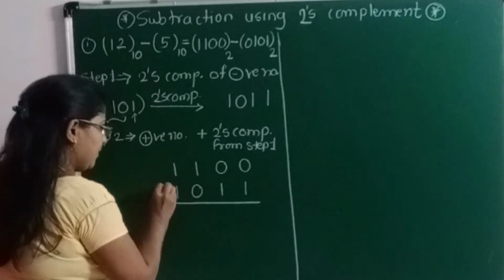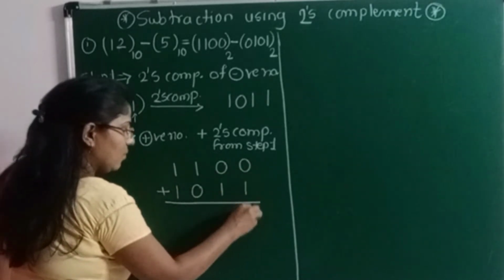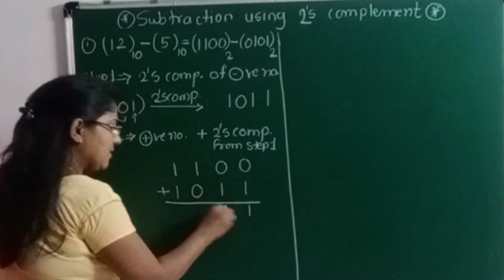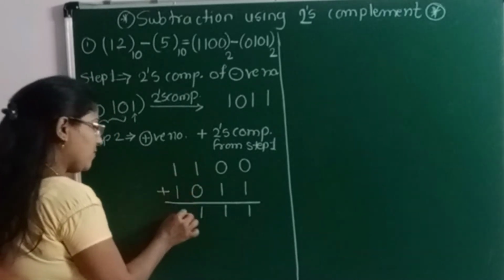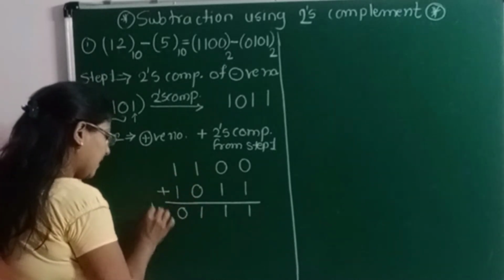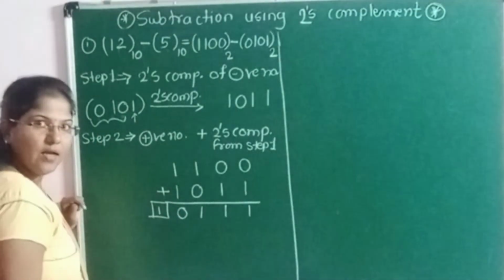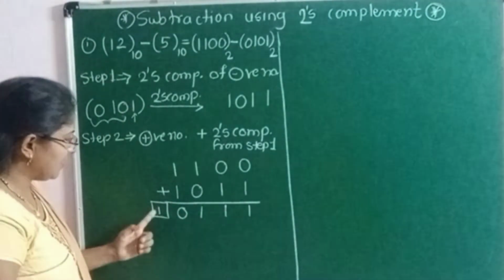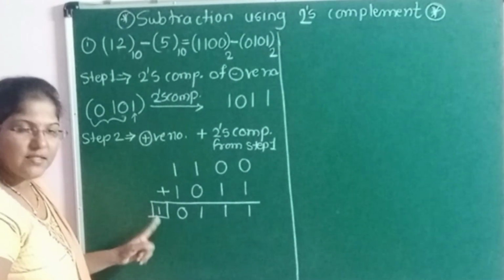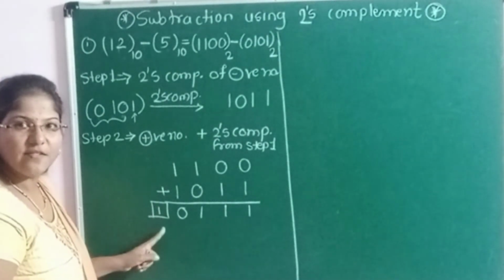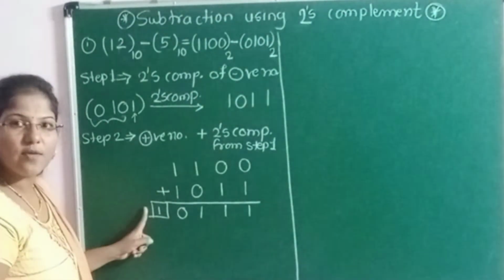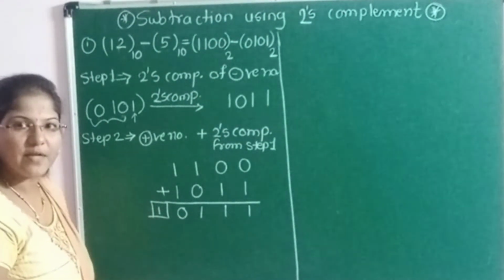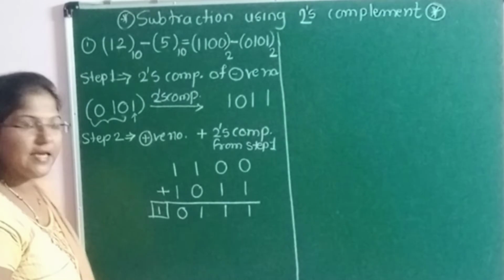Now take the addition. 0 plus 1, 1. 0 plus 1, sum is 1. 1 plus 0, again sum is 1. 1 plus 1, sum is 0, but carry is 1. Now you can see here we are getting the carry as 1. But sometimes we may get the carry as 0 also. This carry bit is used to represent whether the result of subtraction is positive or negative.